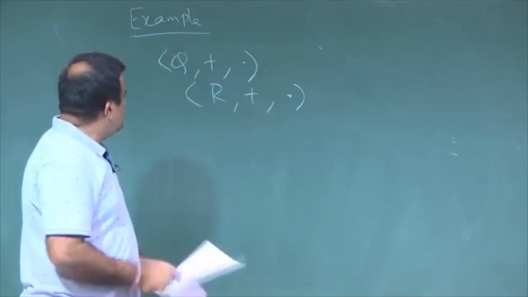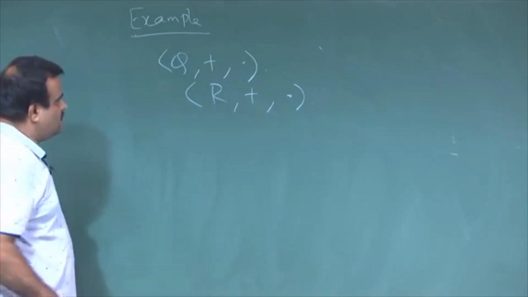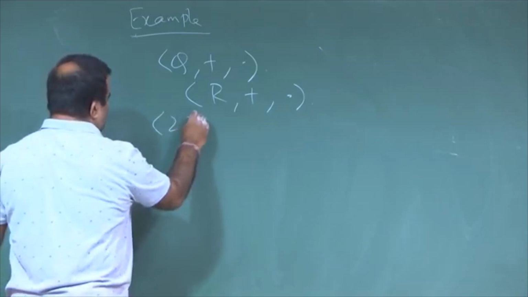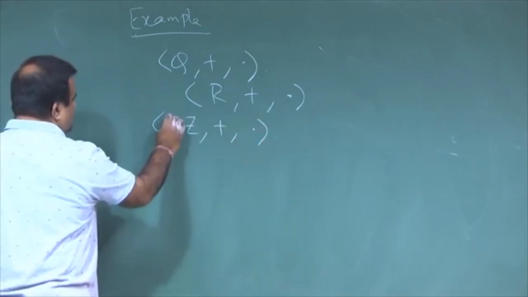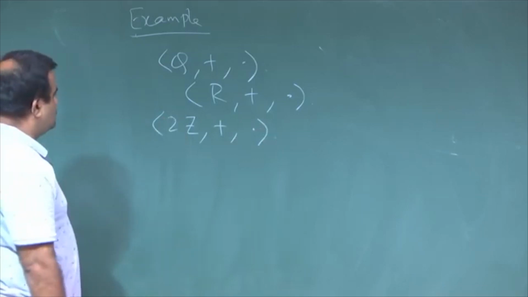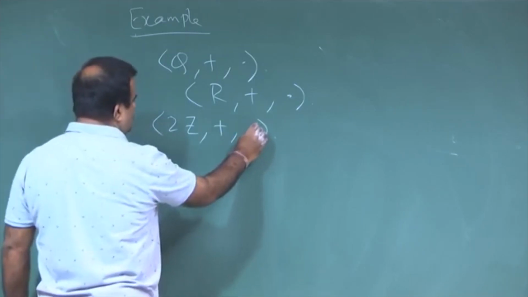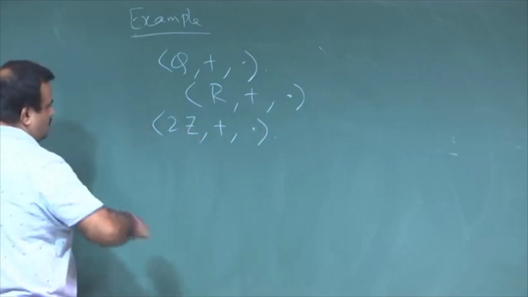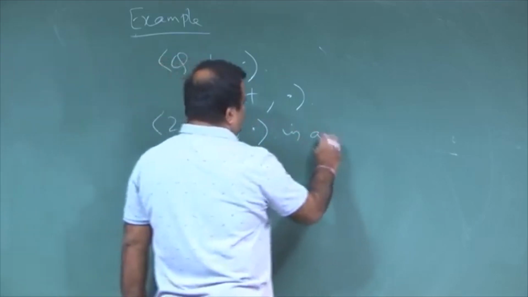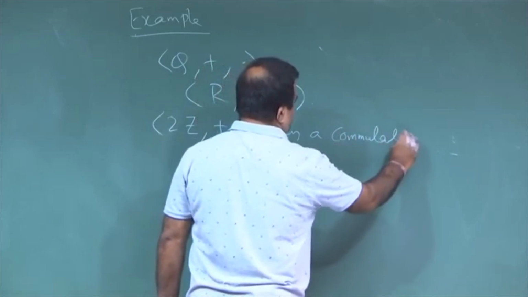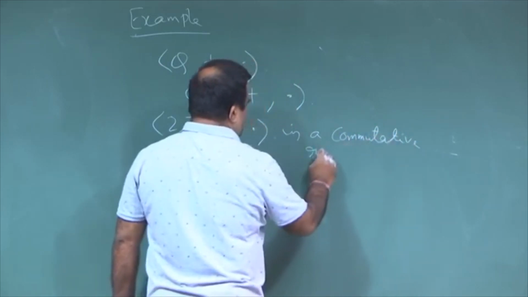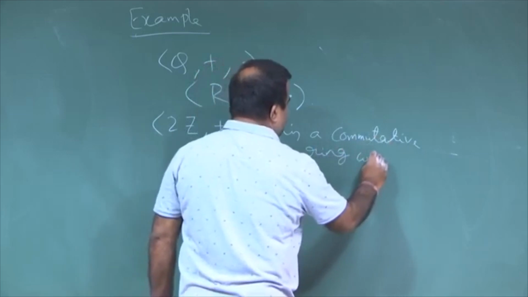Now, can you have a commutative ring without identity? Like if you take 2Z, this is a commutative ring without identity, because the identity element for dot is 1, real number 1, which is not here. This is an example of a commutative ring without identity element.